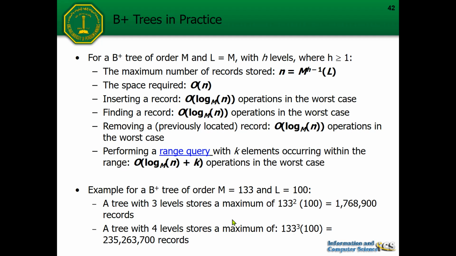So we can expect 133 multiplied by 133 branches. Then each leaf can contain 100 records. So the total capacity for this B+ tree will be 133 multiplied by 133 multiplied by 100.